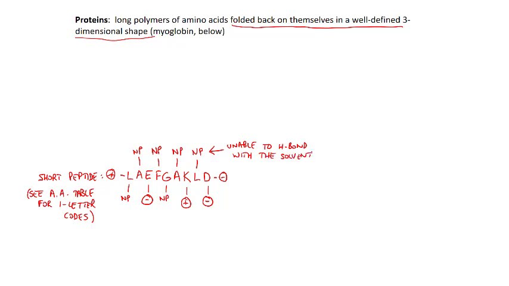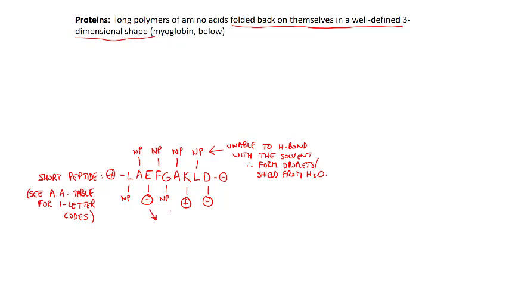Water is our solvent, and therefore they're going to tend to form droplets or shield themselves from water. How does that happen? We'll see later on.